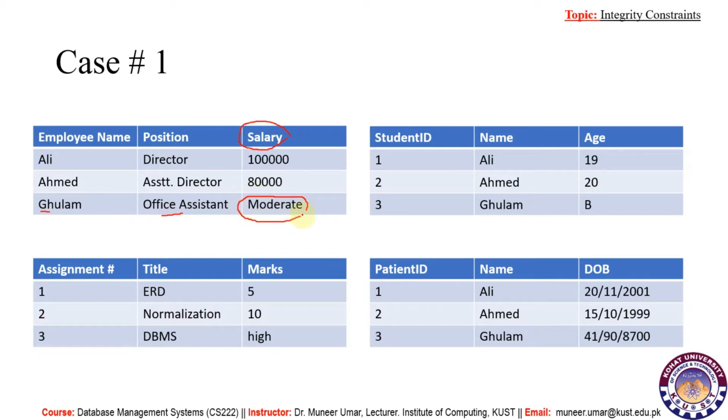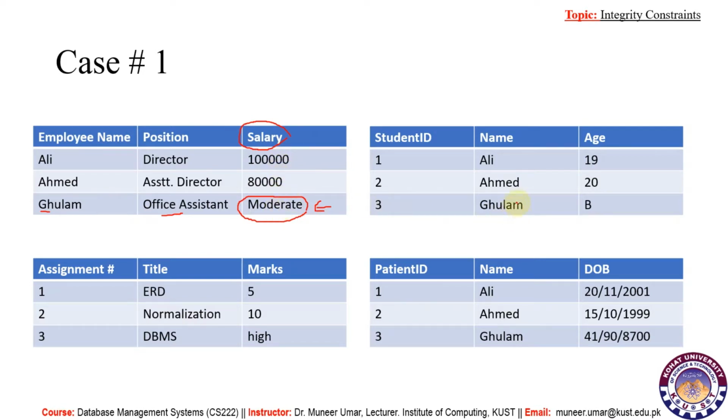So this is a non-numeric value, and with this value we cannot determine the exact amount of salary. So this is an issue in the records of this table. So we must say that it should be a numeric value.